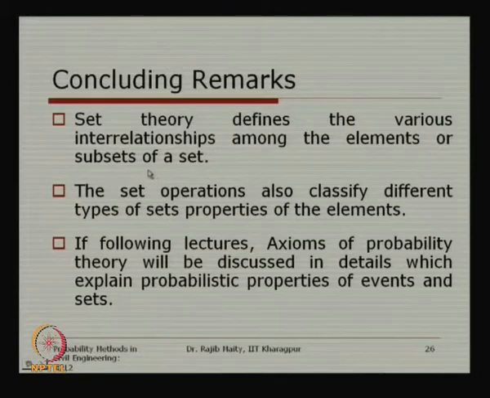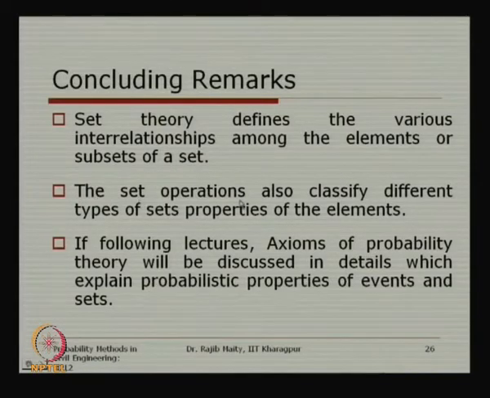In the concluding remarks, in this class we have seen set theory, the definition of a set, and how set theory defines the various interrelationships among the elements or subsets of a set.